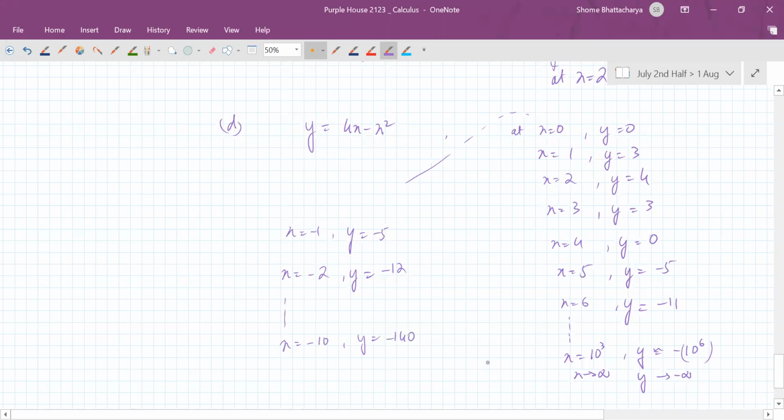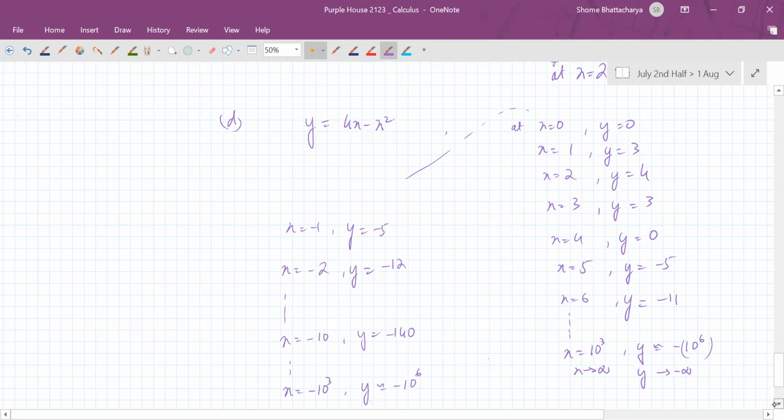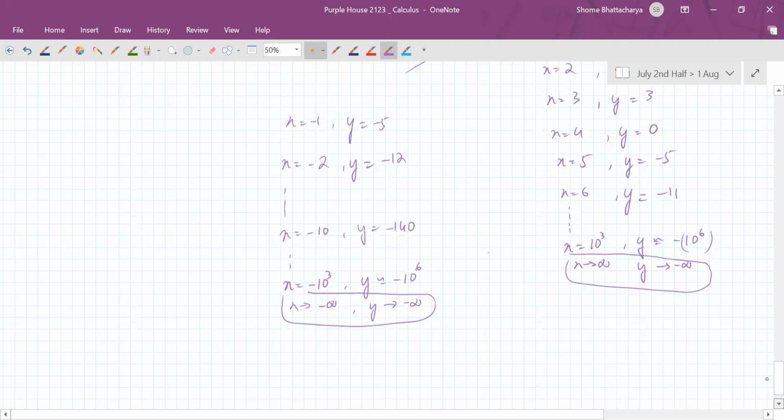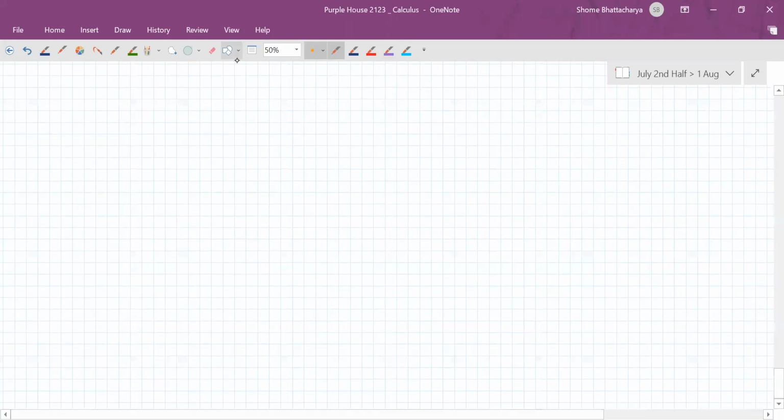Now take something pretty large and negative, like minus 10 raised to 3. Then y will be almost minus 10 raised to 6. So again, when x tends to minus infinity, y will also tend to minus infinity. All this together will show you that the graph of this function is ultimately looking something like this.